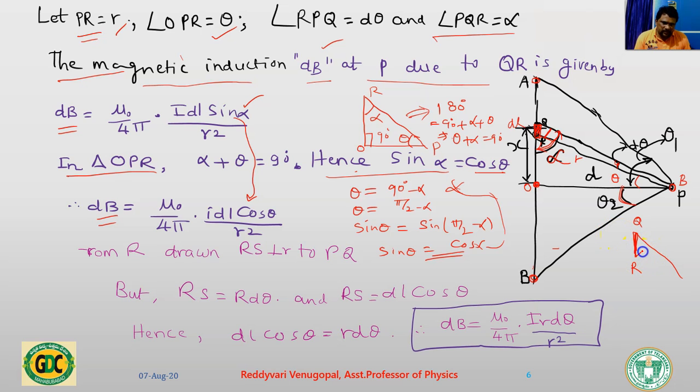From this point we draw a perpendicular to the line PQ, so from R we draw RS perpendicular to PQ. Then RS is equal to r d theta, this we know, and RS is equal to dl cos theta. Hence dl cos theta will be equal to r d theta. Therefore dB is equal to mu naught by 4 pi I r d theta divided by r square.